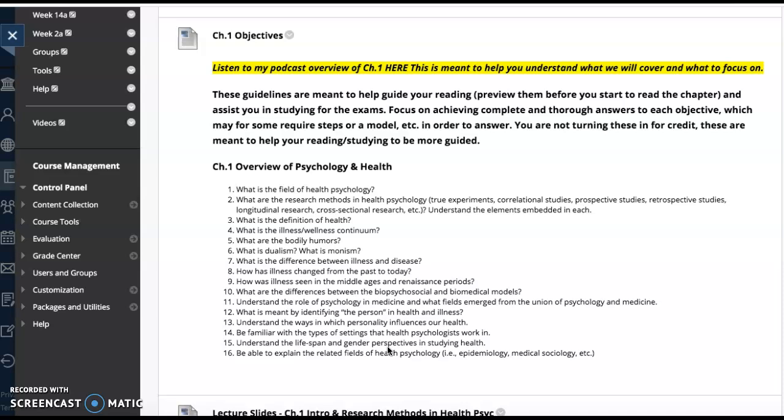And then understanding lifespan and gender perspectives and studying health. These are some things we want to take into account when looking at health of individuals. The lifespan perspective is pretty important.